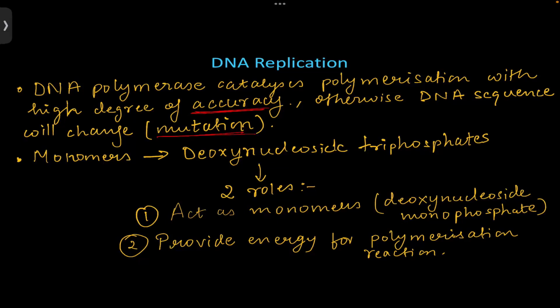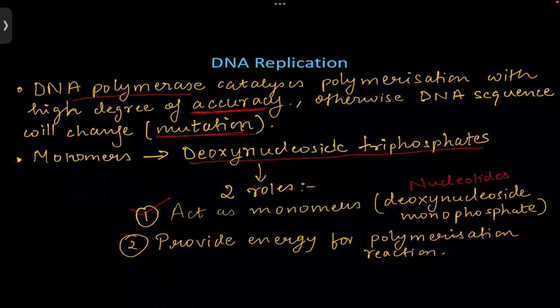And the monomers, as I told, are the deoxynucleoside triphosphates. Now these triphosphates have two roles. First, obviously, to act as monomers, which is the deoxynucleoside monophosphate or the nucleotide. These nucleotides get added at the 3' OH end by the DNA polymerase enzyme, and in this way a polynucleotide chain, meaning many nucleotides, gets formed.